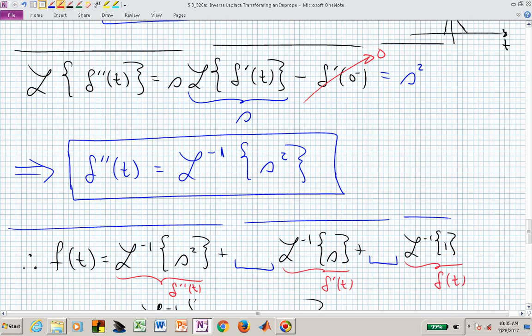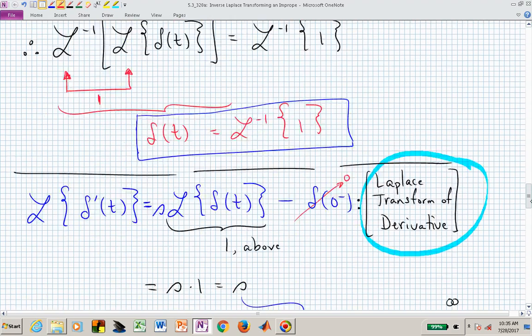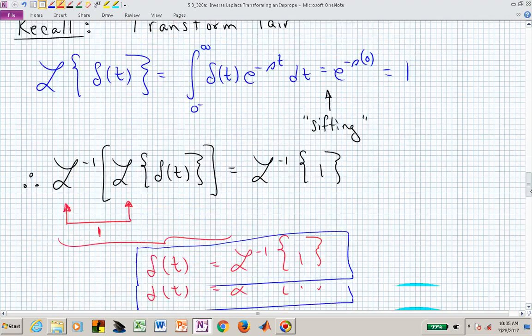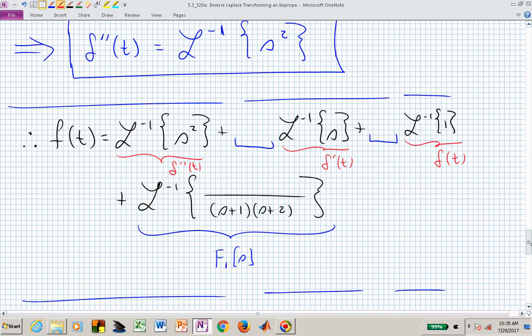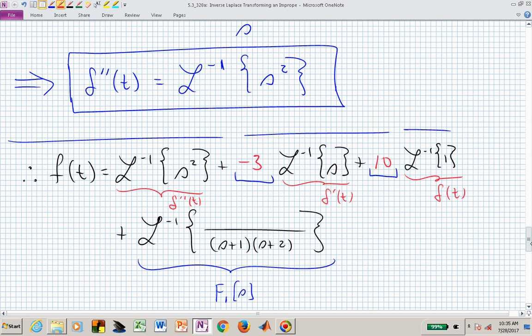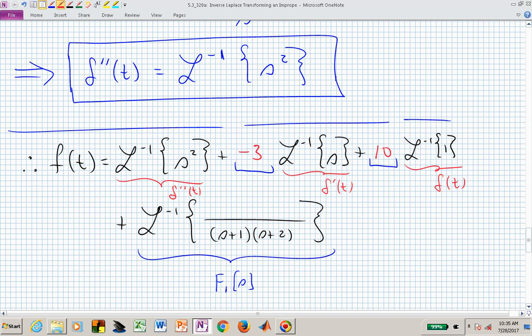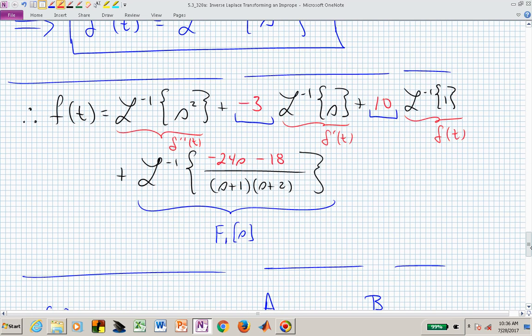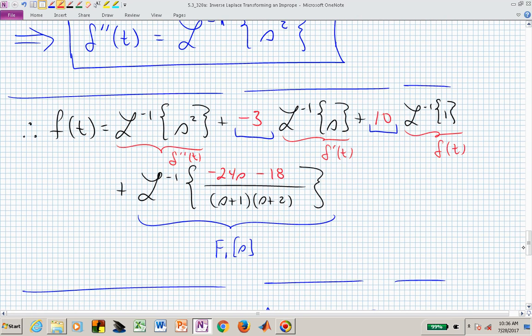With long division, we have just found what those coefficients or weights are. Here we have a minus 3. Here we have a 10. And we now need to do the partial fraction expansion of what's left, which is a strictly proper transform of minus 24s minus 18. So we want to find the partial fraction expansion of capital F sub 1 of s.